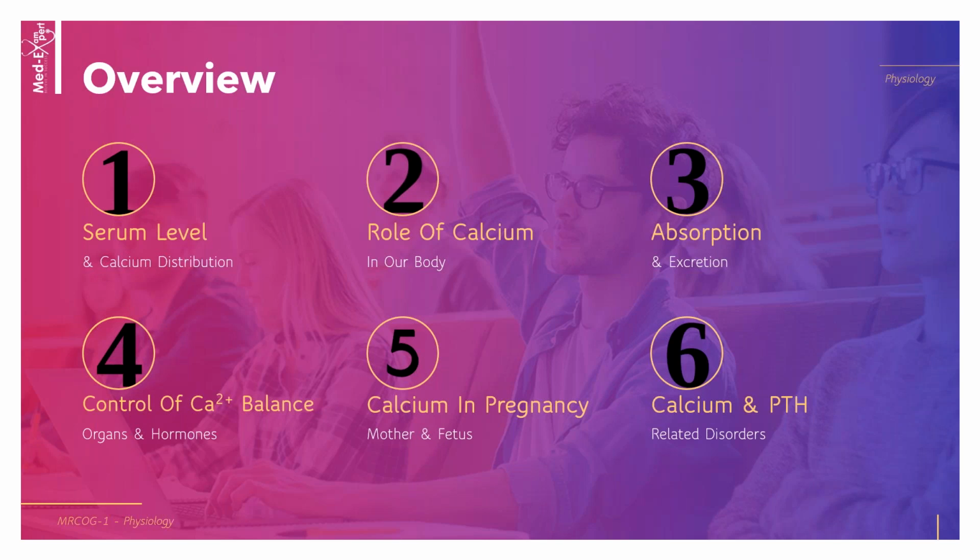What are the interactions between various hormones and organs to control that balance, to avoid hypocalcemia and hypercalcemia. What are the changes which occur in pregnancy regarding the mother and the fetus? And we will have a quick overview of some disorders related to calcium and the parathyroid hormone. So these will be the main points of our session today.